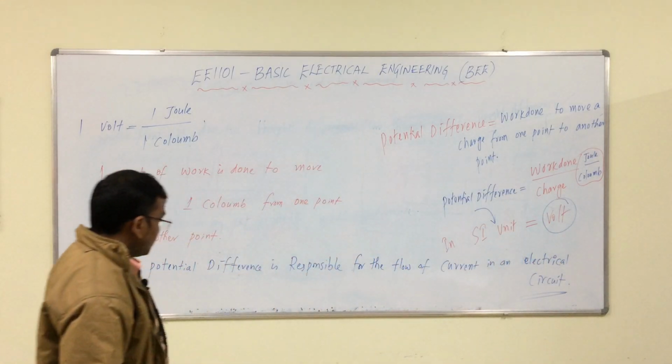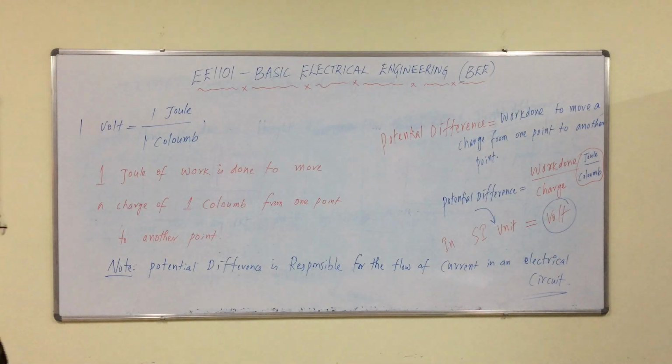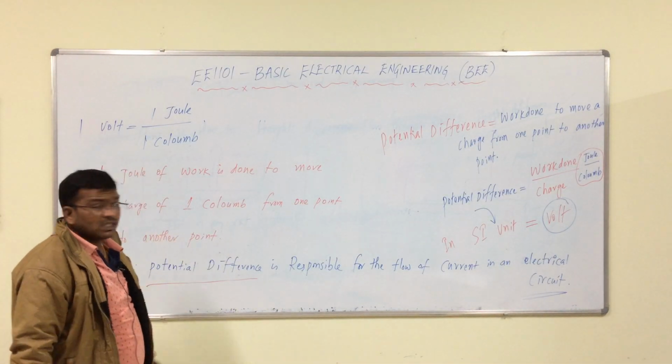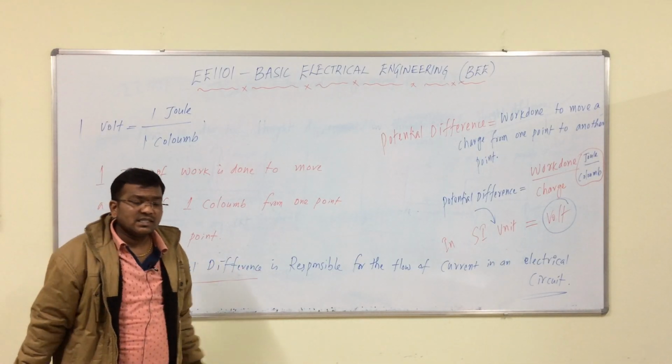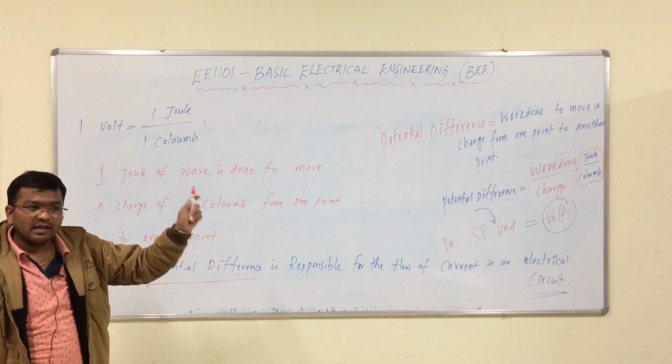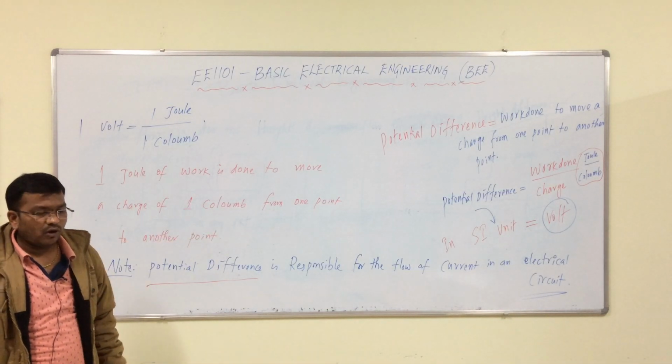That is the thing. So, for the flow of current there should be a potential difference. This is the basic concept of potential difference in the circuit. Due to this potential difference there is a current in the circuit, that is the point.